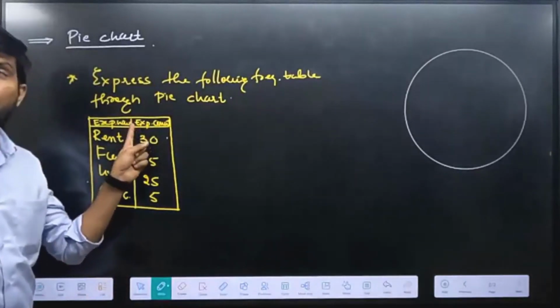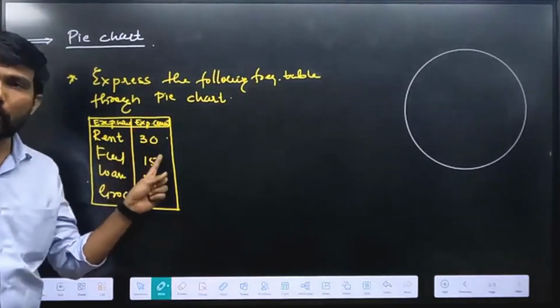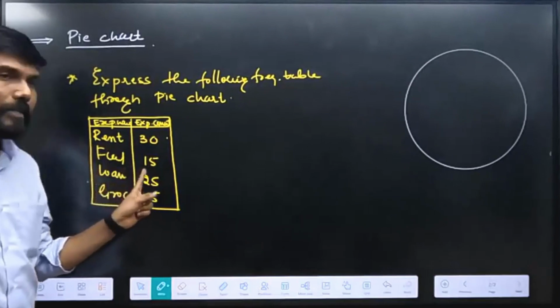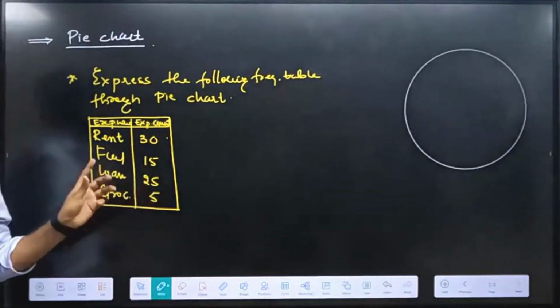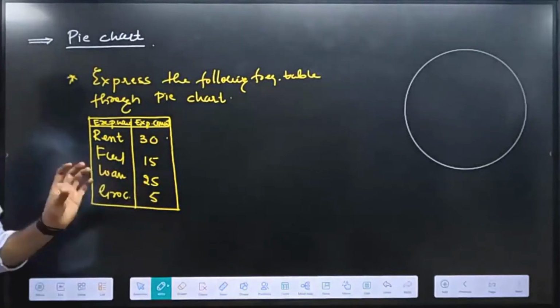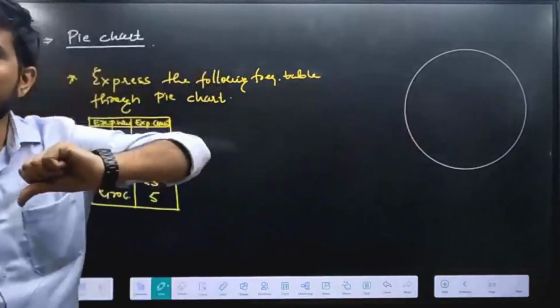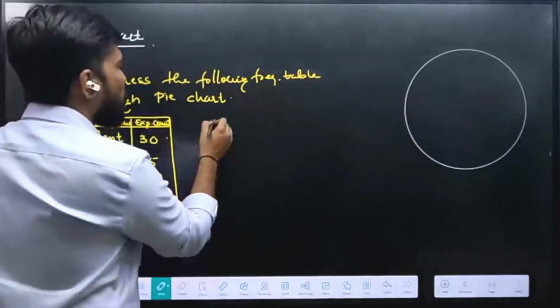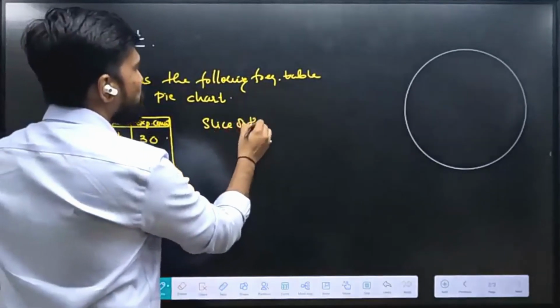I'm spending 30,000 on rental, 15,000 on fuel, 25,000 on loan repayments, and 5,000 on groceries. To represent this table through the pie chart, the first and foremost thing is that there is a formula to calculate the slice of the pie chart.